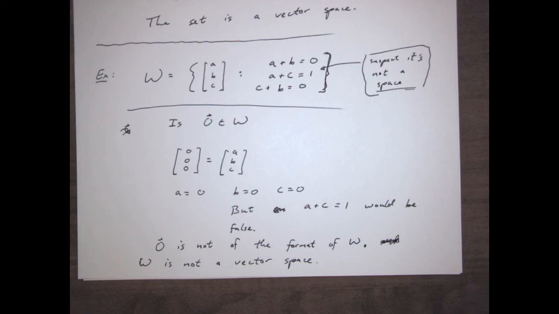And you know for sure that it is a vector space, and the way you do that is you pull apart the terms so that you can get them in terms of a parameter times an element of the vector space. Now, if on the other hand there are constant terms floating around in there, then what that probably means is that it is going to fail. And if it's going to fail, the easiest property to check is the 0. So the 0 being of the format designated by the set. That's the most important thing to try to determine. And if it's not, then it's not a vector space.